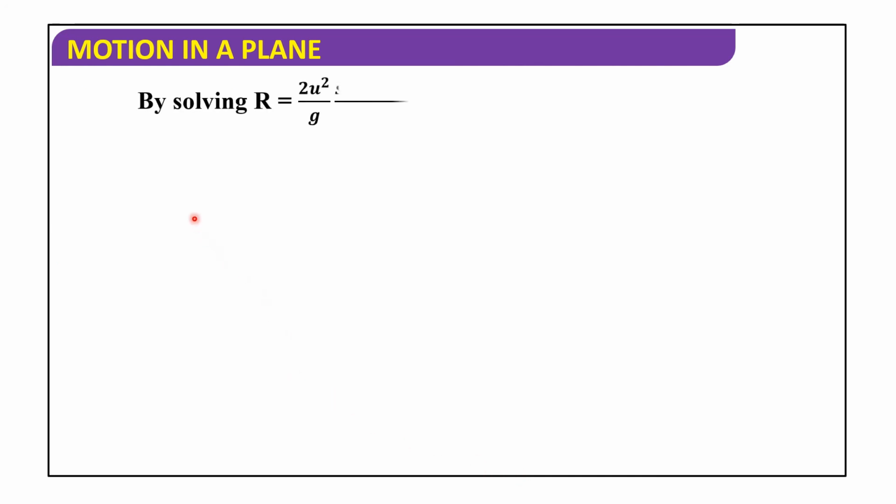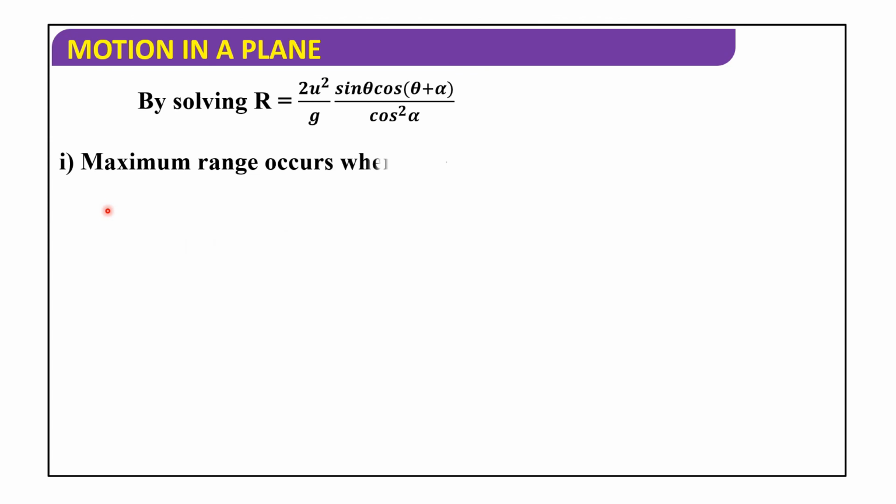Now by solving this, we get R is equal to 2u square by g into sin theta into cos of theta plus alpha by cos square alpha. The maximum range occurs when theta is equal to pi by 4 minus alpha by 2.